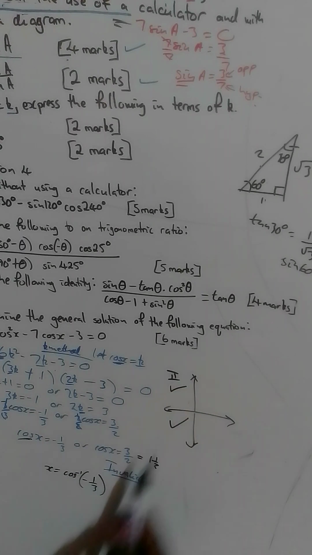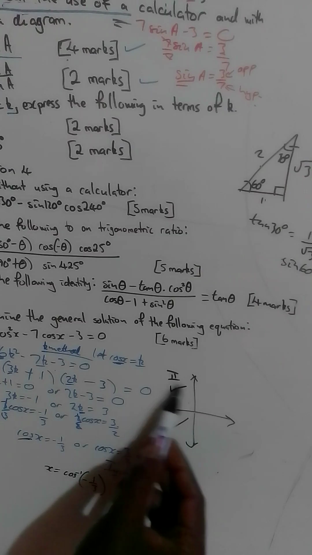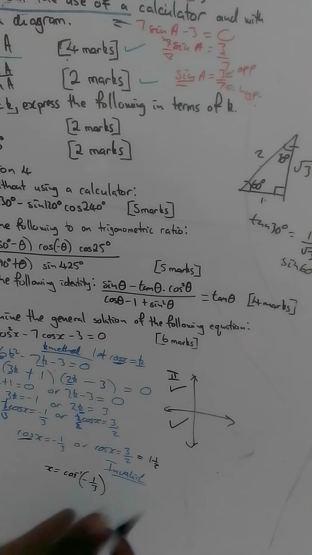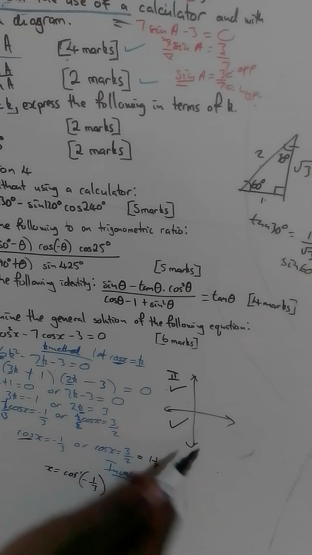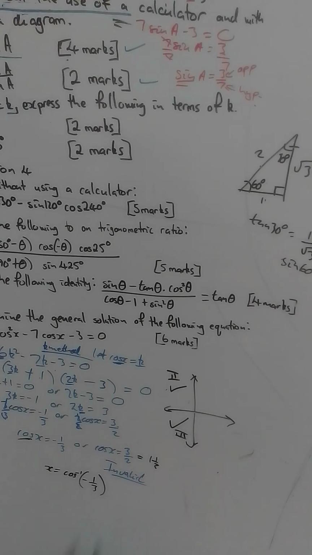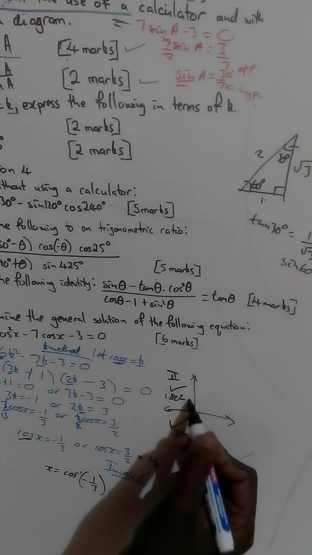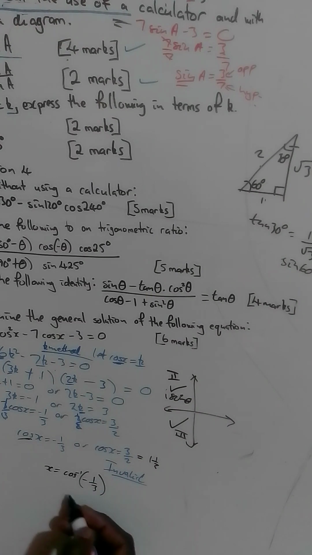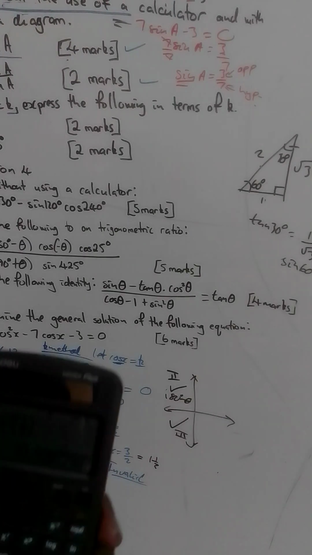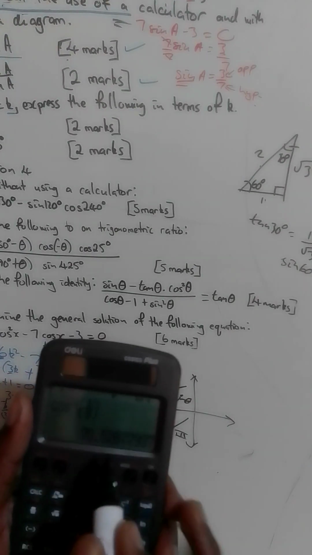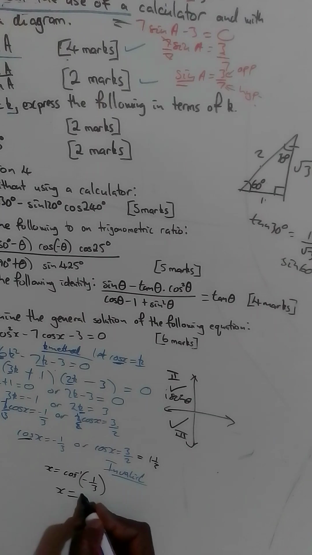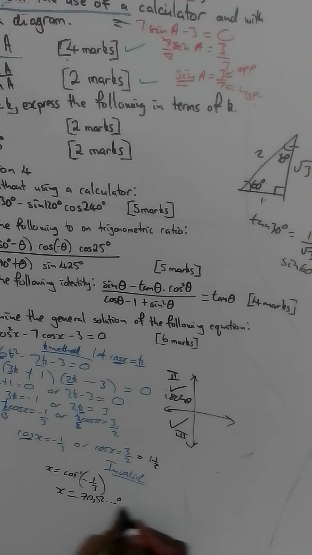So we must calculate this general solution for quadrant number 2 and quadrant number 3. That's where the solutions lie. So remember, in quadrant number 2, it says 180 minus theta. So now we are saying x is equal to, we now write this 70.52 ellipsis degrees plus k.